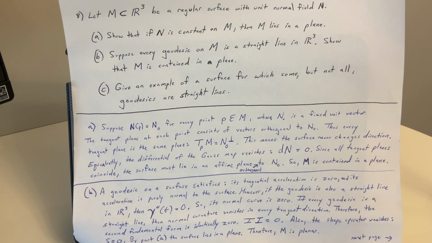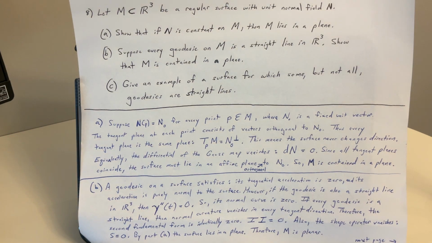So its normal curvature is 0. If every geodesic is a straight line, then normal curvature vanishes in every tangent direction. Therefore, the second fundamental form is identically 0, and the shape operator vanishes, S equals 0. So by part A, the surface lies in a plane. Therefore, M is planar. That is letter B.